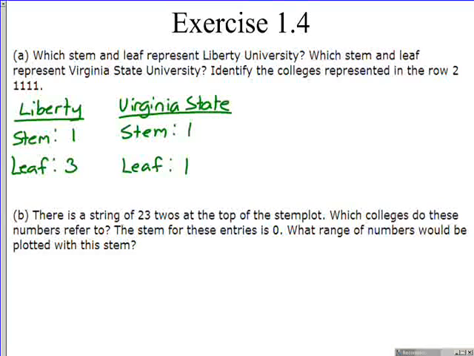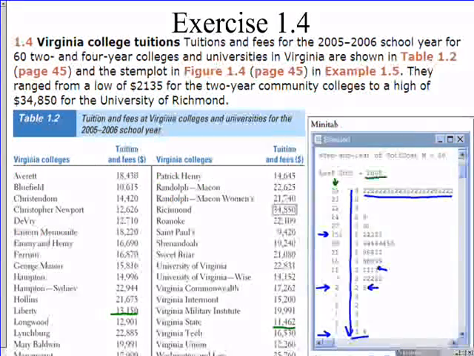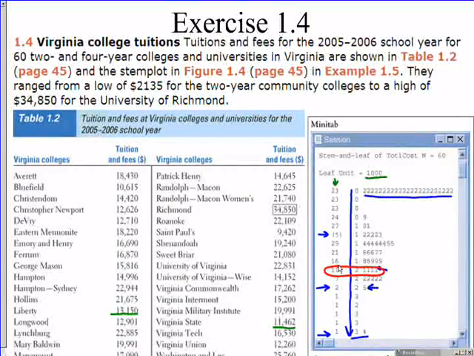Third part to this question, identify the colleges represented in row 2. Well, those schools in row 2 are all the schools that cost, talking about this row right here, $21,000. So let's look for each of those individually.